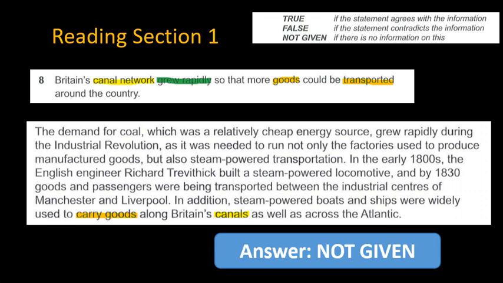There's no information about how quickly the canal network grew or if it was already there, maybe it didn't grow at all. So we know that goods were transported on the canals, but there's no information about it growing, so we have to go with not given. Now, at first that looked like it was going to be a true, so you do need to be very careful with all parts of the question.